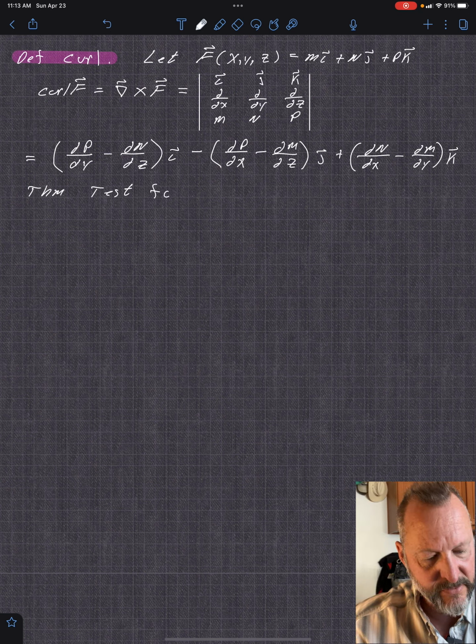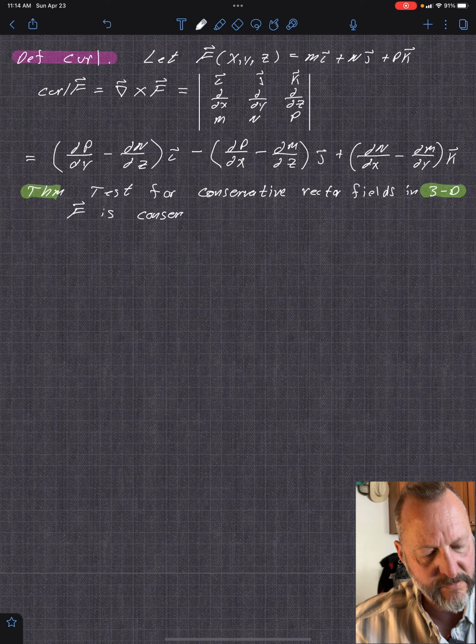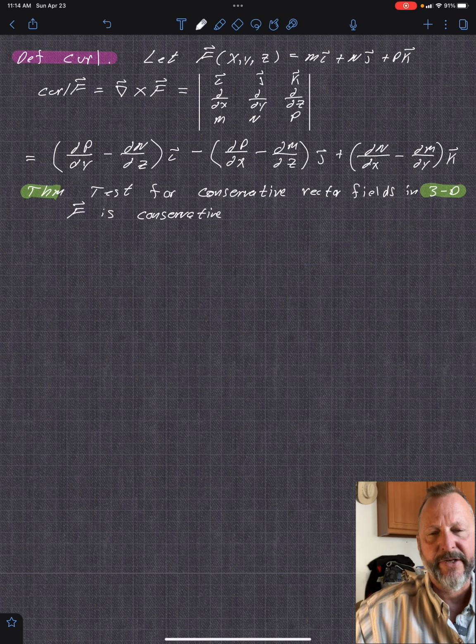So capital F is conservative. And every time you hear that, you think like conservation of energy, like gravity. That's the one I always picture.